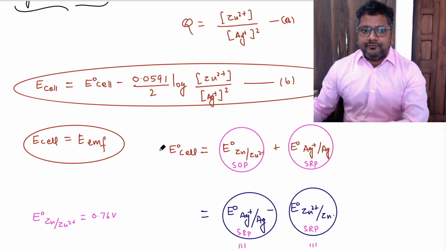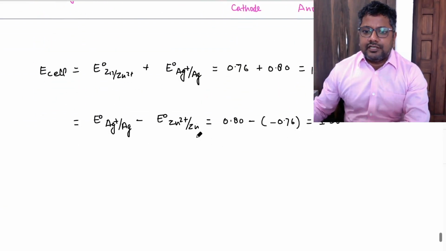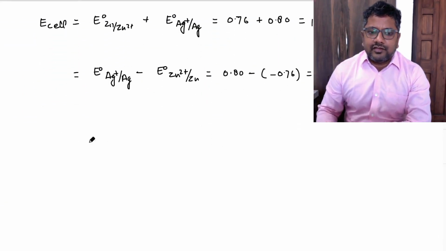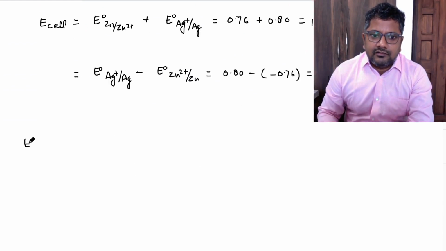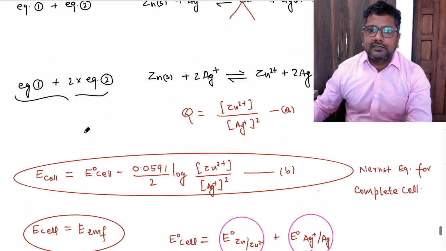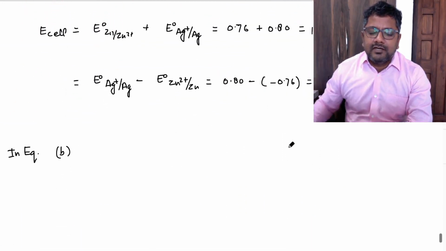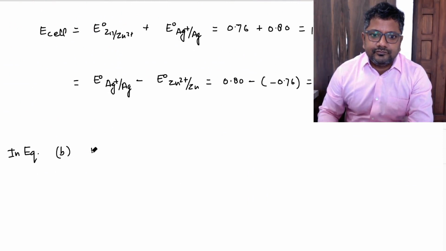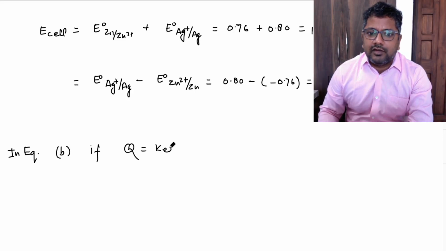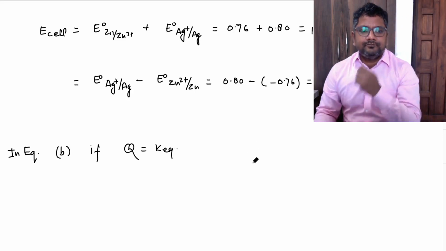Now see, in the above equation, equation B, if Q is equal to K equilibrium, then what will happen?